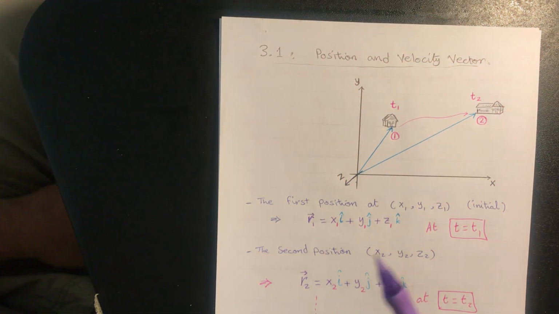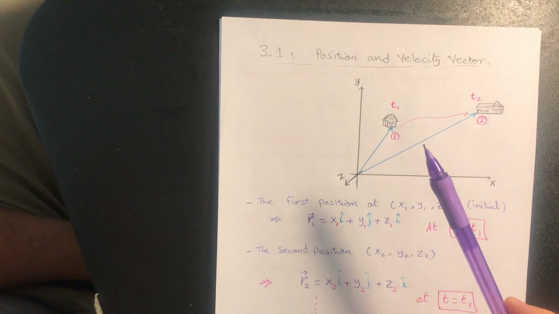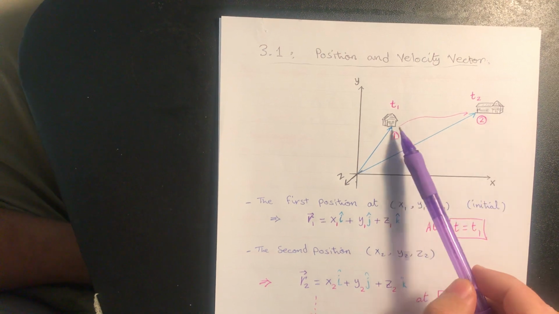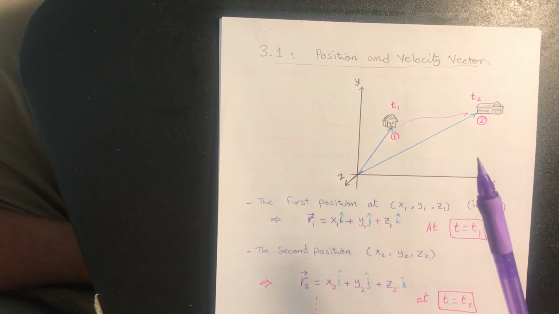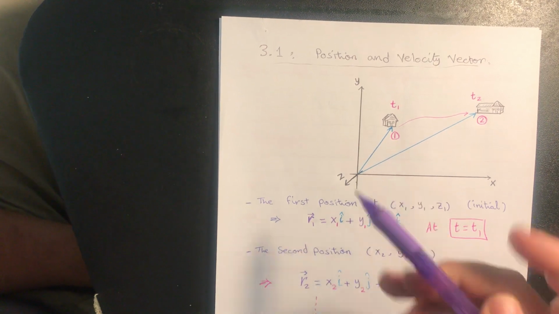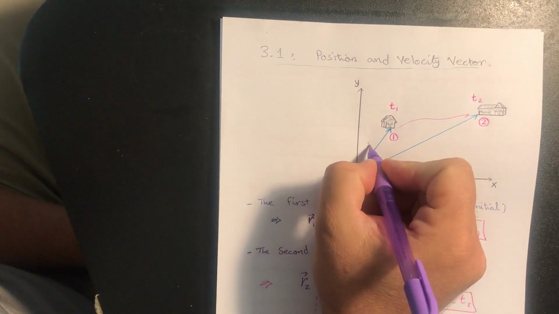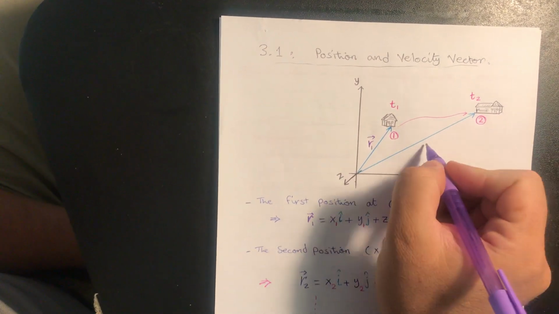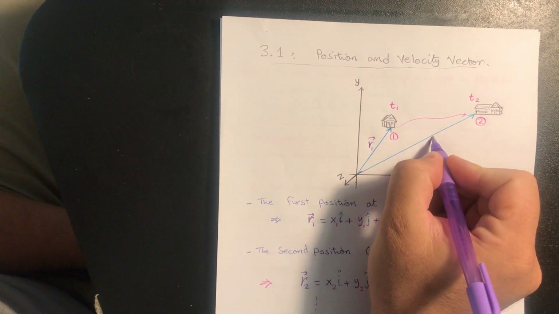If we have two positions, position 1 and position 2, the house and the school, the house is located by vector r1, and the school is located by vector r2.